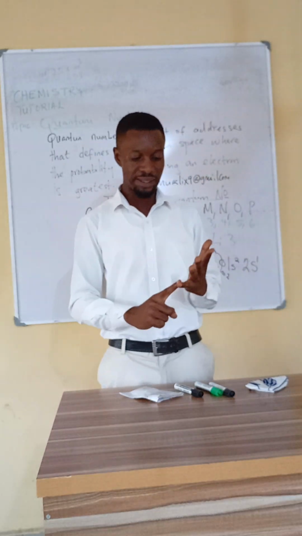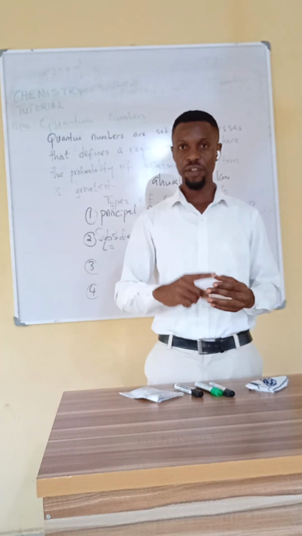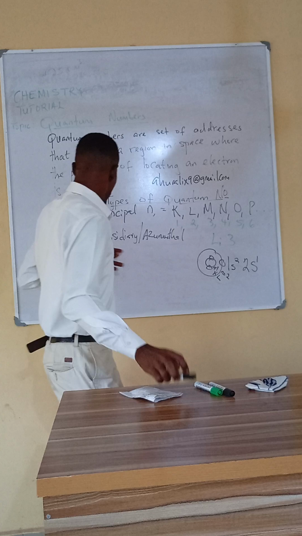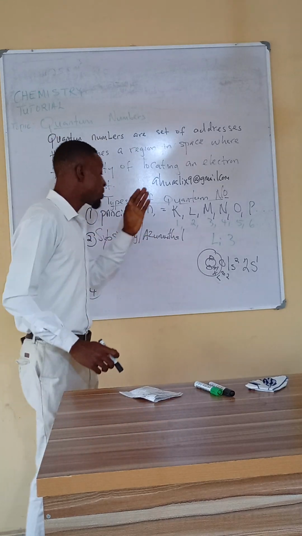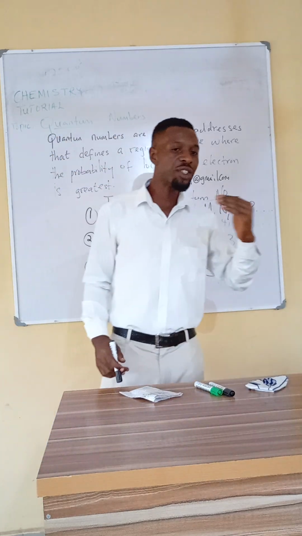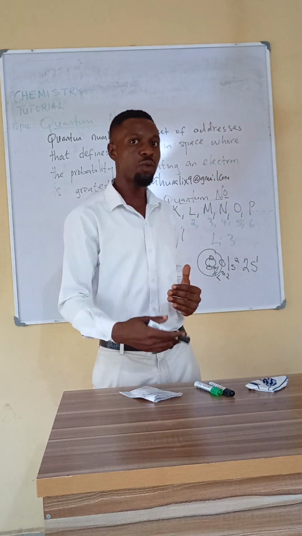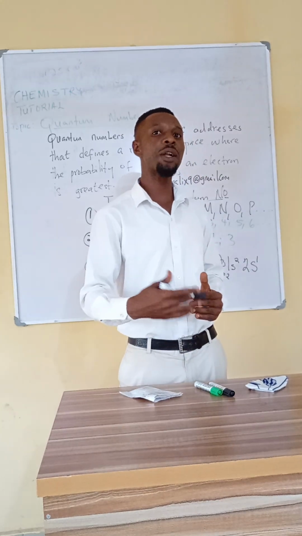These orbitals are s, p, d, f, and so on. The work of this subsidiary quantum number is to tell you in which particular orbital inside an energy level in an atom you can locate the electron you are talking about.